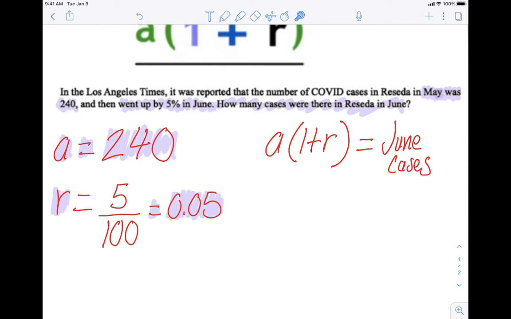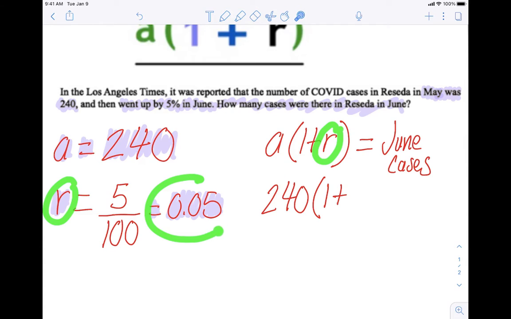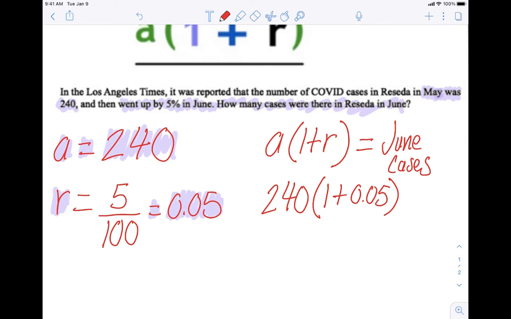So now, everybody, I know what I can substitute. A is 240, so I can say 240 parentheses 1 plus, well, what is my R here? R is equal to 0.05, equal to June cases, JC.